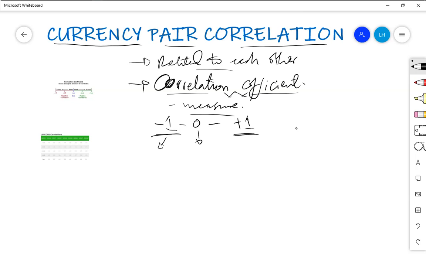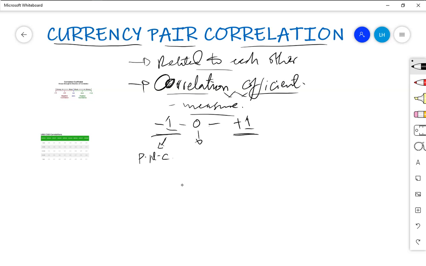So if two currencies are measured and they have a -1 correlation, this means they show what we call a perfect negative correlation. We'll discuss this under types of correlation, but if you have a coefficient of -1 between two currency pairs, those currencies have a perfect negative correlation.